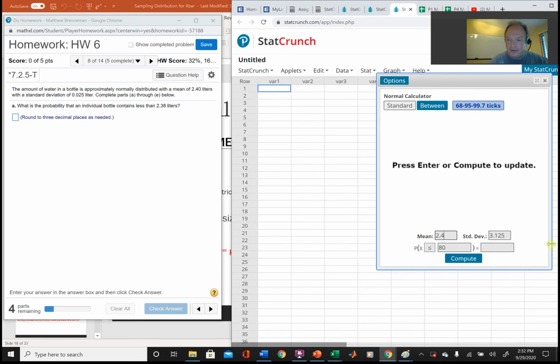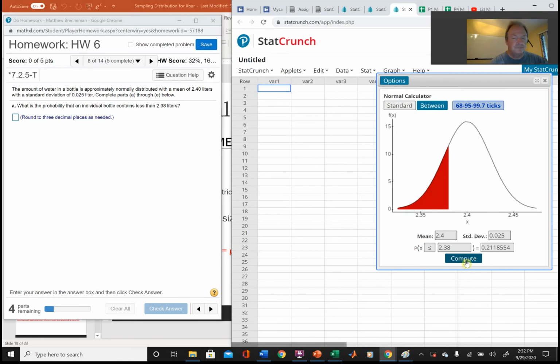And in this case, and again, your numbers are probably going to be a little different, 0.025 is the standard deviation. And we want to know the probability that it's less than 2.38. And there we go. One thing you can emphasize to the students is this shaded area.